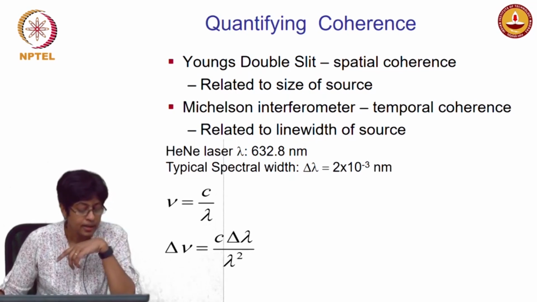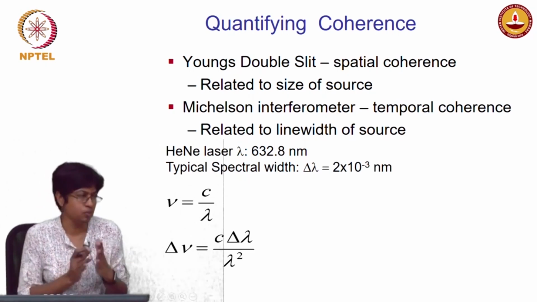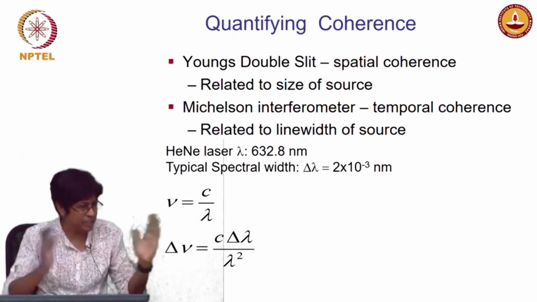If I differentiate this expression so that I'm able to relate the spread in frequency to the spread in wavelength, you will get delta nu is equal to c delta lambda by lambda squared. I'm not worried about the minus sign here because I'm worried about the range of values.